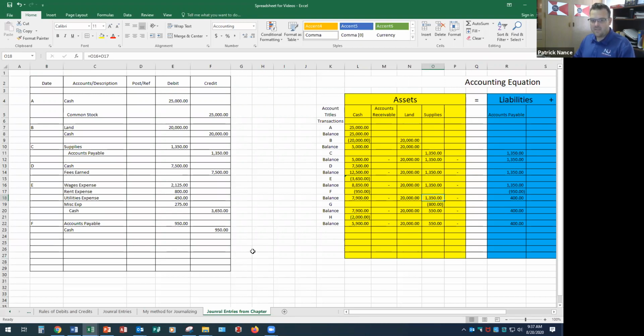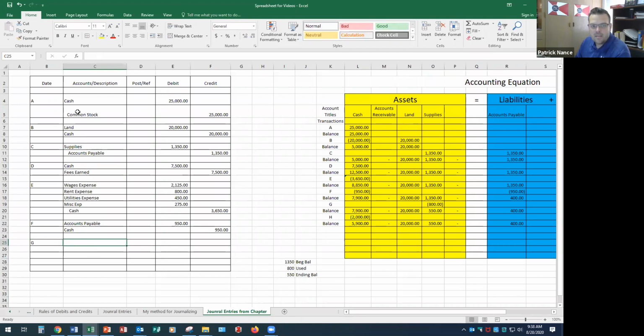So $1,350 is what I started with, and $550 would be my ending balance. To figure out how much I used, I can just subtract one from the other. I also have it already over there in that spreadsheet, but $800 is what we used. So that is going to be the amount for my transaction.